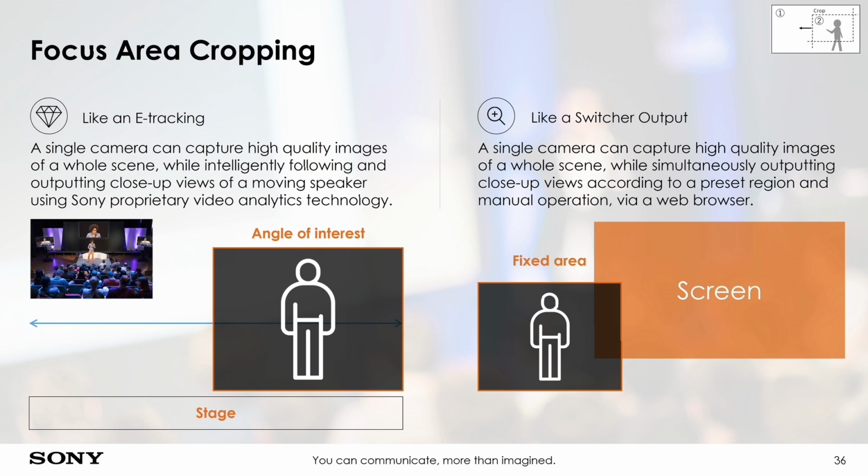The second one is like a switcher output. A single camera can capture high quality images of a whole scene while simultaneously outputting close-up views according to a preset region and manual operation via a web browser.